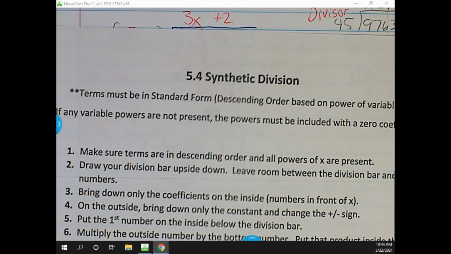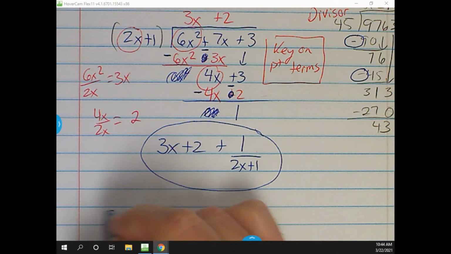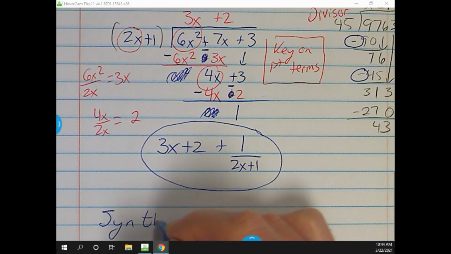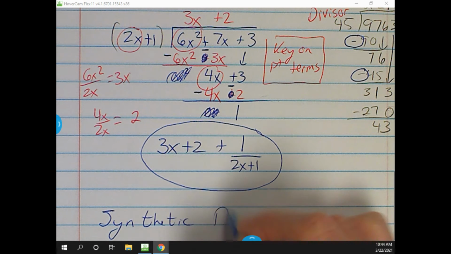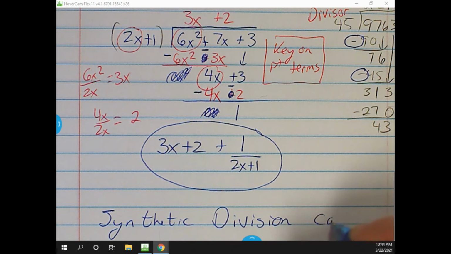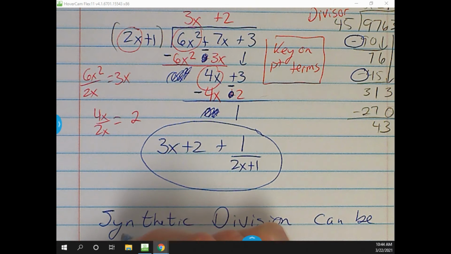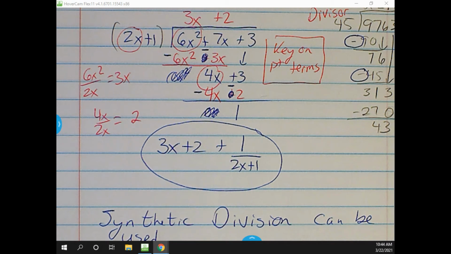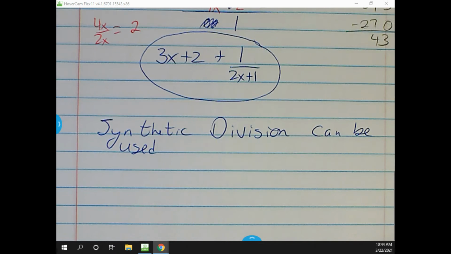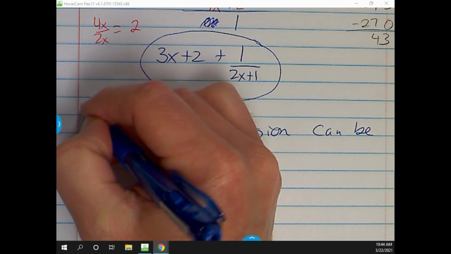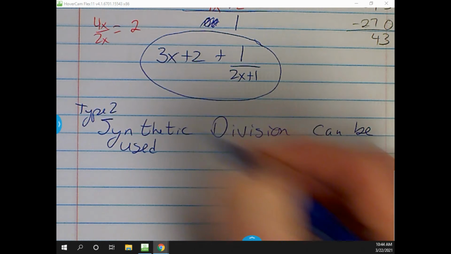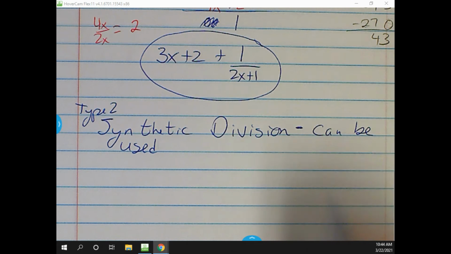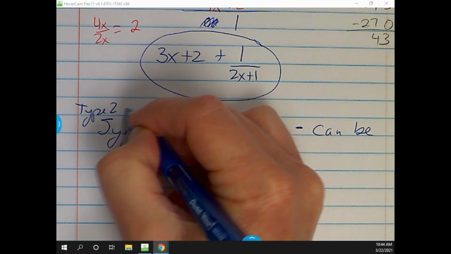Now, the key thing with synthetic division is here's the one thing that wasn't on the sheet. This is type 2. So type 2 is going to be synthetic division.